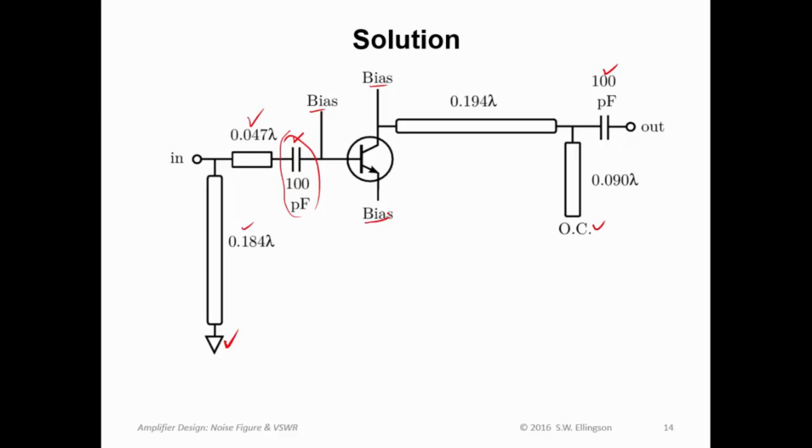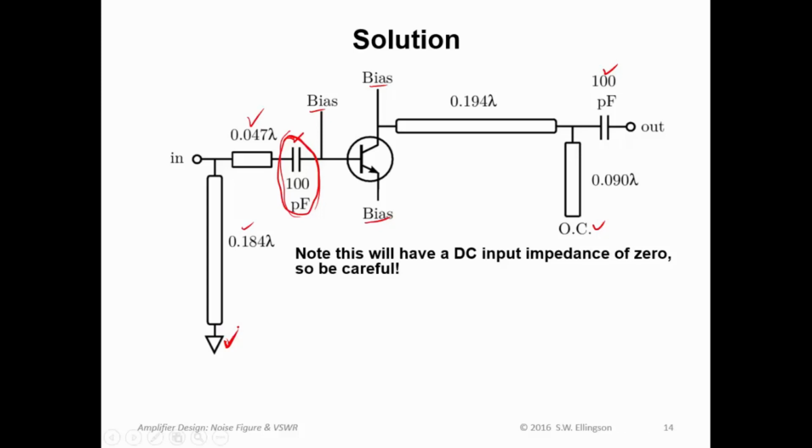Now, I'd like to make just a few more additional comments on this solution before I move on. First is that even though this blocking cap isolates the bias from the short circuit, this circuit will have a DC input impedance of 0. In other words, looking in this way, I see a short circuit because the stub is short circuited.